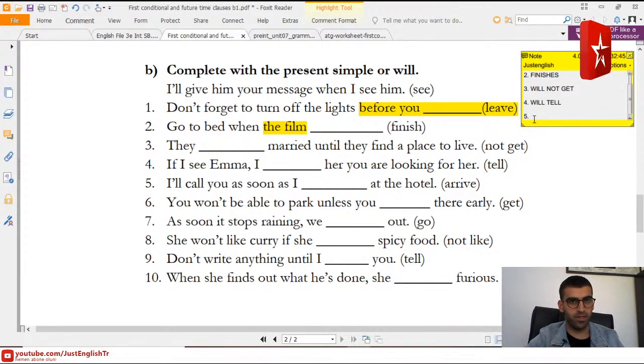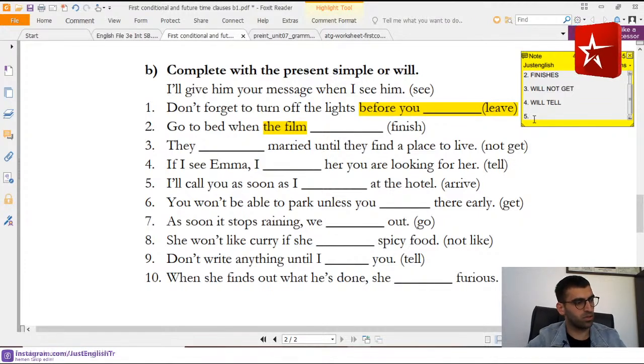Number 5. Let's continue with number 5. I will call you as soon as I blah blah blah at the hotel. Okay, they say I will call you as soon as I arrive at the hotel. Gülsafa and Tuko say.